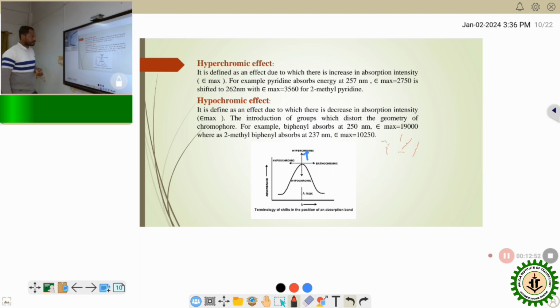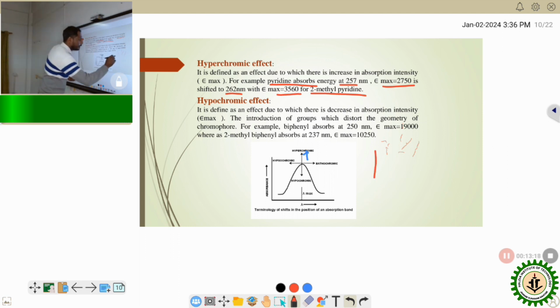For example, pyridine absorbs at 257 nanometer and epsilon max is 2750. But in the case of 2-methylpyridine, its absorbance maximum is 262 nanometer and epsilon max is 3560.